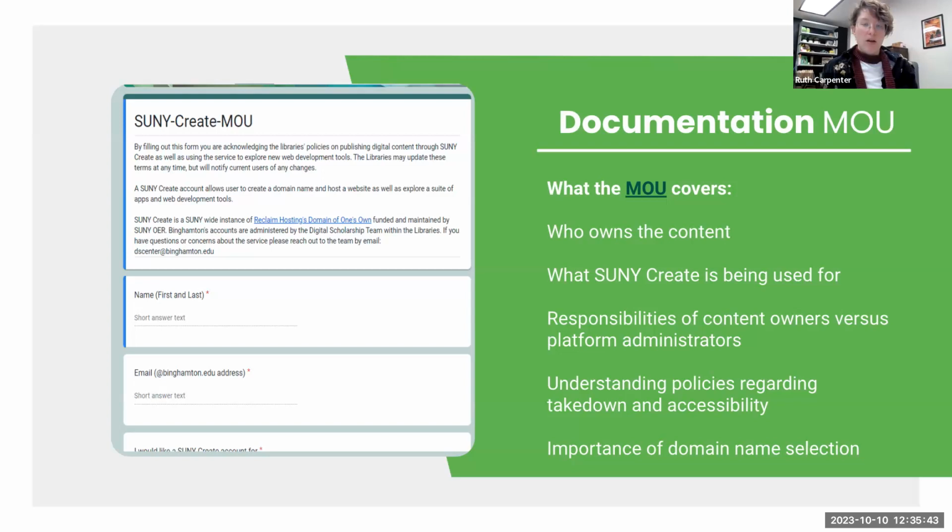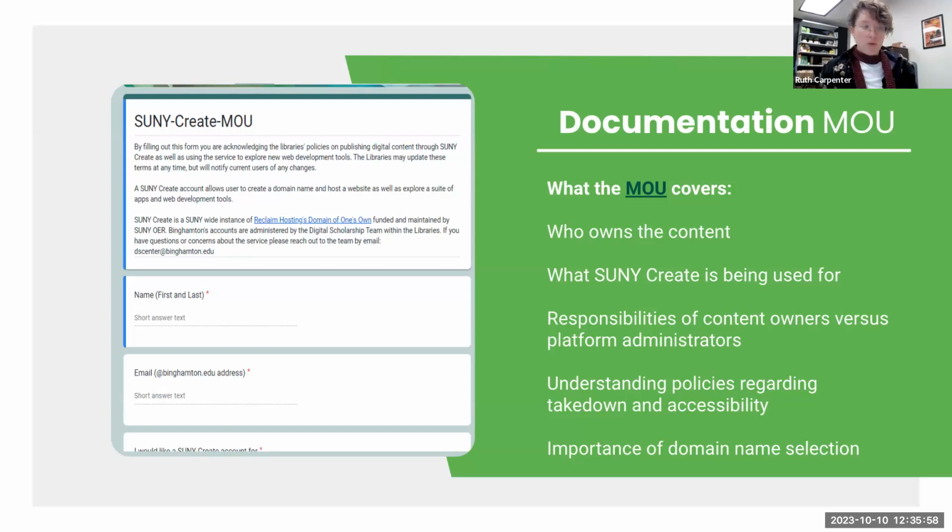So, a reminder that they own the content that they are putting on SUNY Create, but also that they need to let us do some things to maintain control of that content.